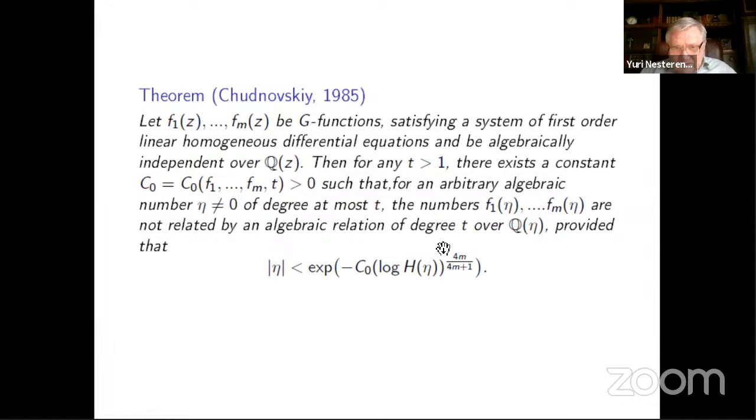With this condition on the point, there are no algebraic relations. So we have a very limited set of possibilities for degrees of polynomials connecting these values, and so on.